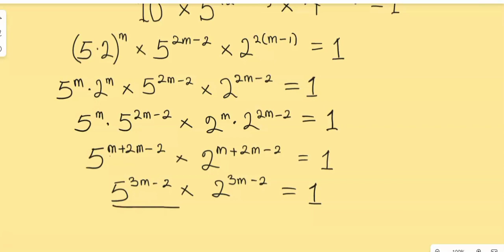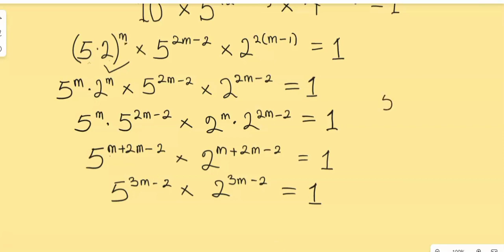If you take a look at our left hand side, you will realize that both base 5 and base 2 share the same power, 3m minus 2. Remember, earlier we started with different bases that share the same power.